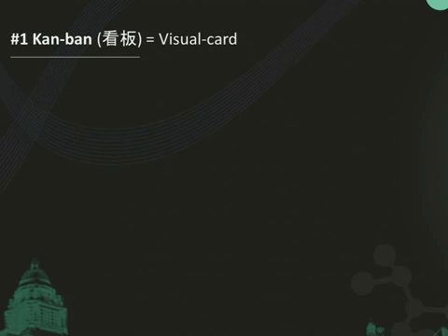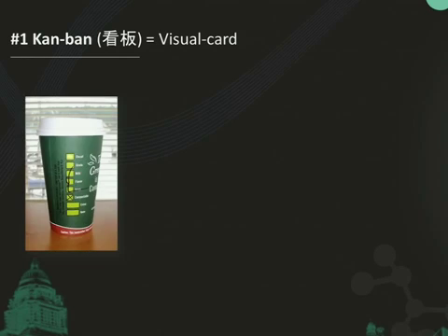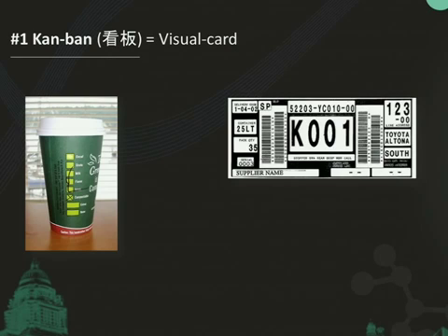So the first one is its literal definition. It's a Japanese word. I think it's pronounced Kanban, but I call it Kanban. And it just means visual card or signal card. And you get one in a coffee shop like Starbucks. It's a visual signal with the order on. That's the order from the customer. That's a Toyota Kanban card there.